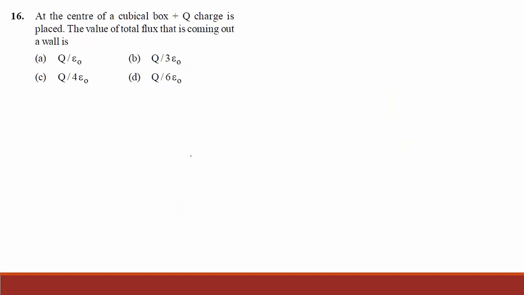At the center of the cubical box, plus Q charge is placed. The value of total flux coming out of a wall is? This is a cubical box. According to Gauss law, we have the equation, the closed integral of E dot dS is equal to the charge Q enclosed by the closed surface divided by epsilon naught, that gives flux.